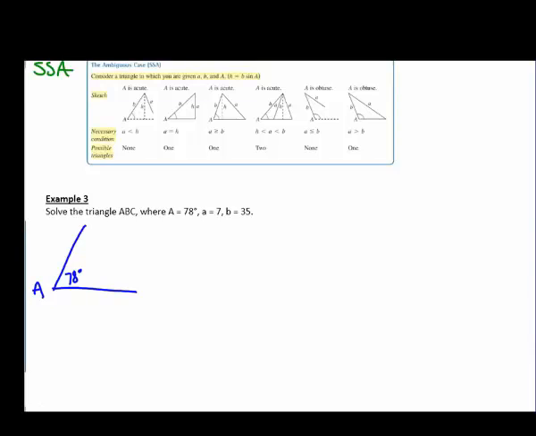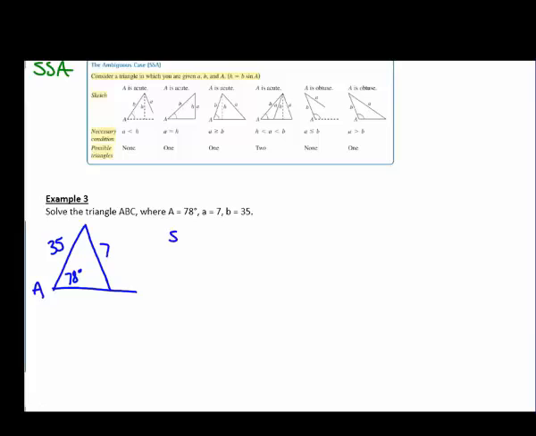And I know that this side is going to be 35, and this side is going to be 7. And I don't know what any of the other angles are or that missing side, so we're going to use law of sines to figure out what angle B is.